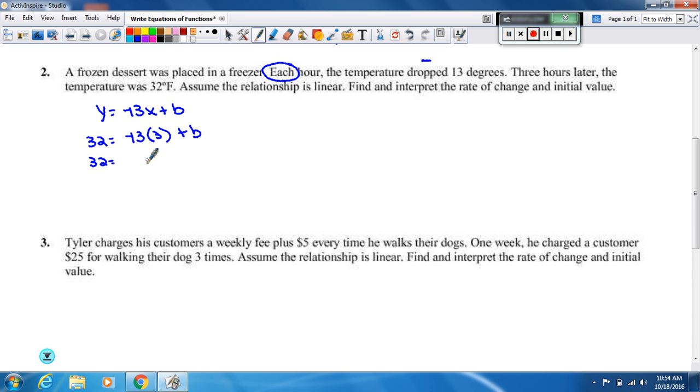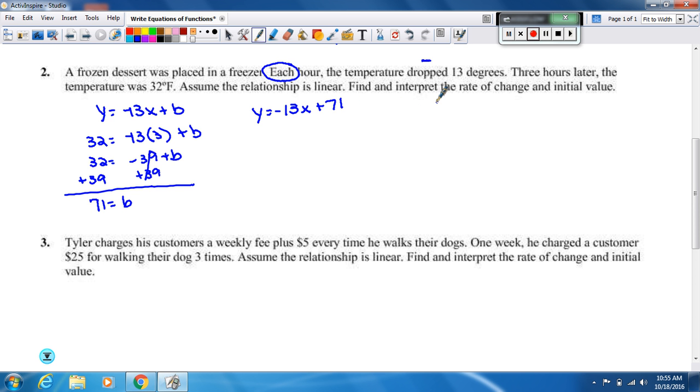So 32 equals negative 39 plus b. You add 39 to both sides, and you get 71. Okay, so that is your y-intercept. So your equation now is y equals negative 13x plus 71.